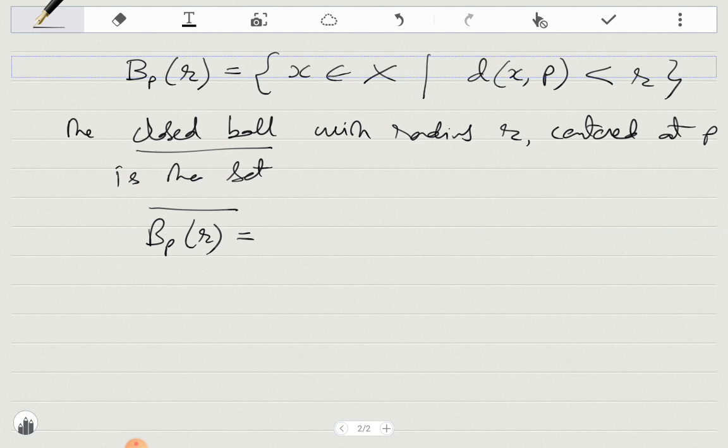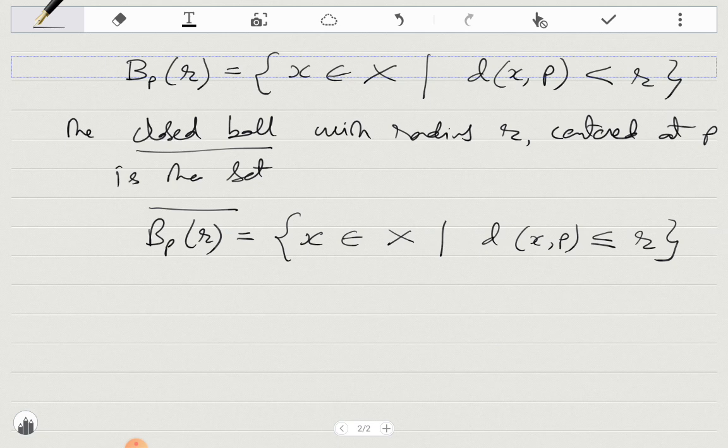In fact, the closure of this open ball will turn out to be whatever I am going to write on the right side, but for now let's take it as a definition. So here I include the distance being equal to r as well.